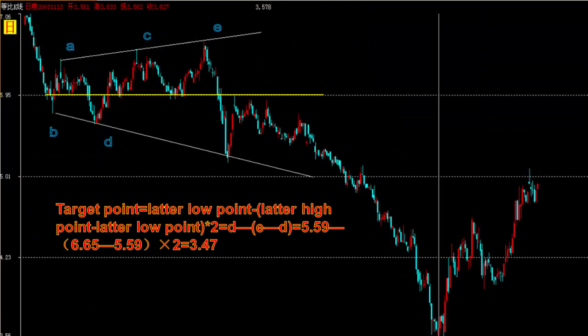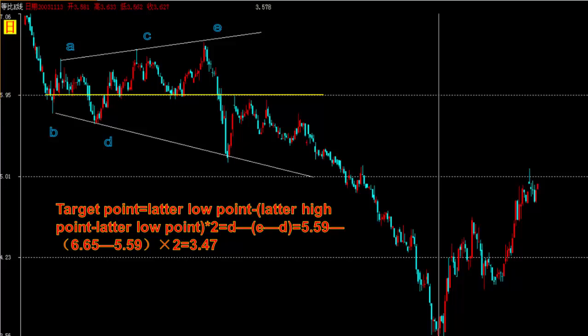This is the stocks, then we can see this one. Target point. So we see here, this is the whole pattern, right? You see the whole pattern appears. If the price falls below here, where is the first sell point?